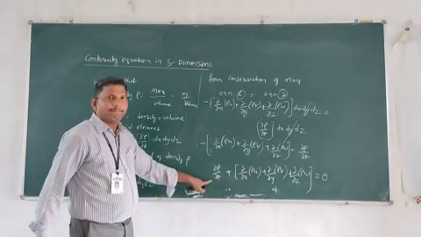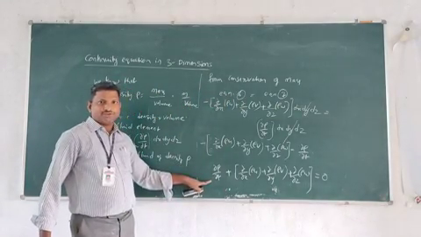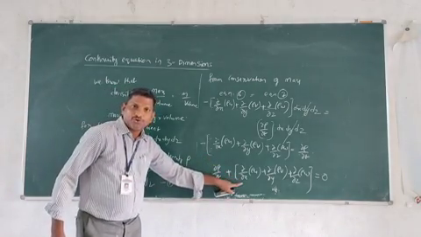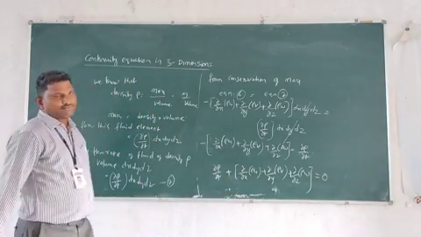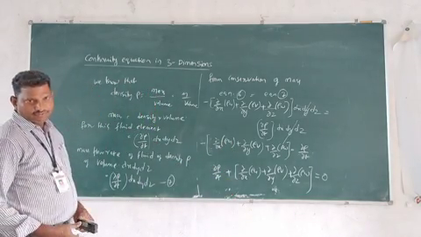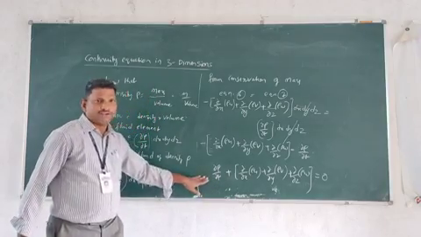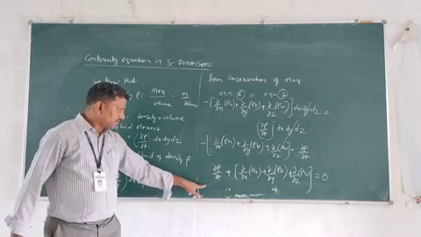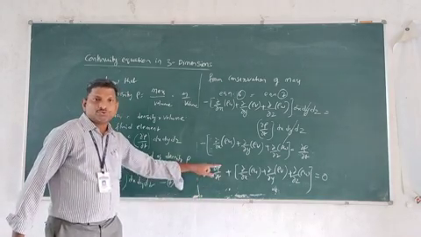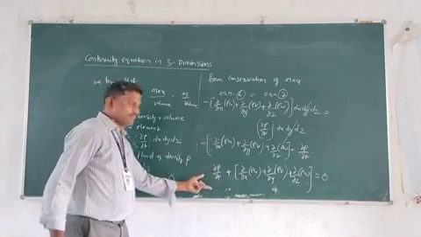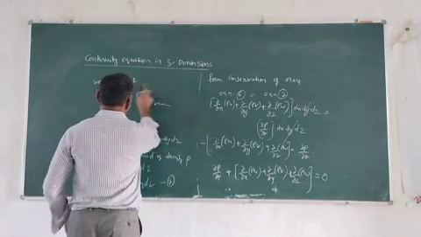This is the continuity equation for any fluid flow in 3 dimensions. In this way, we can derive it. This continuity equation can be applied for steady flow, unsteady flow, one-dimensional flow, two-dimensional flow, incompressible flow, or compressible flow. Let us see the cases one by one.